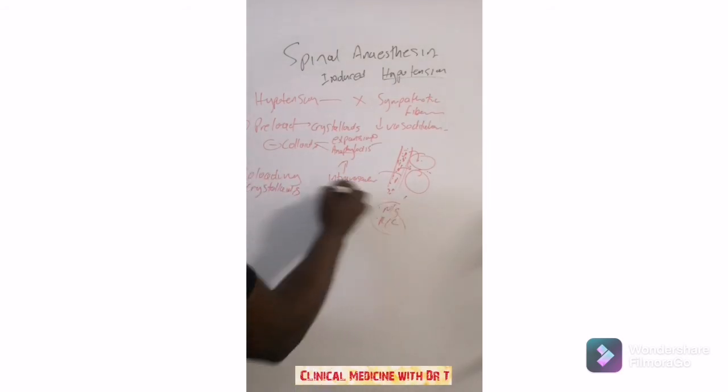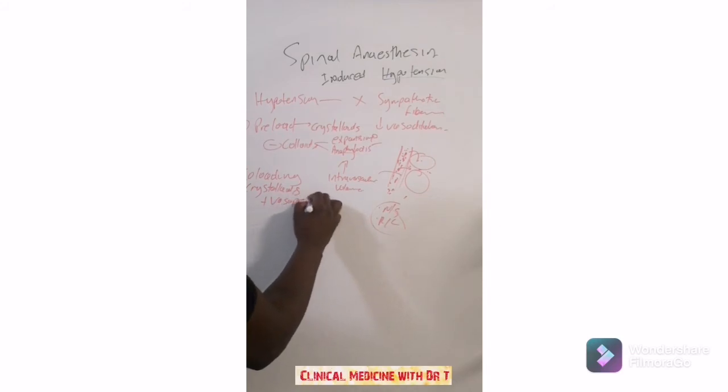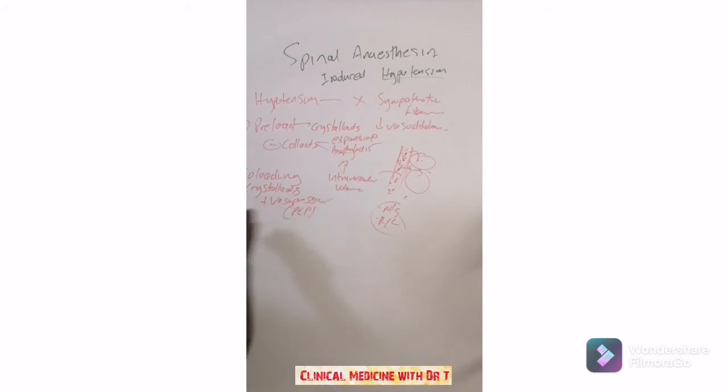These are the most common ones. Maybe we'll do fluids and then talk about those. So when you are coloading, you give crystalloids plus a vasopressor, and phenylephrine is the most preferred one. That's coloading.